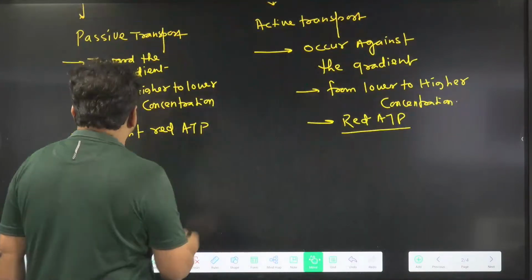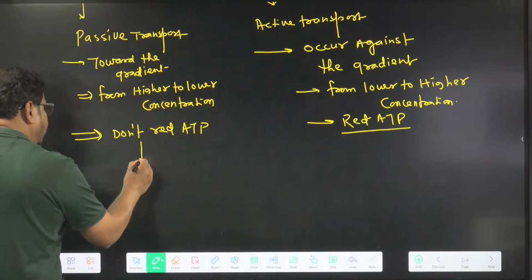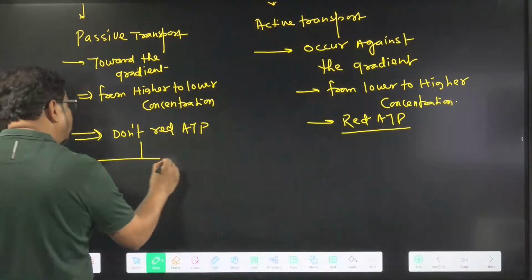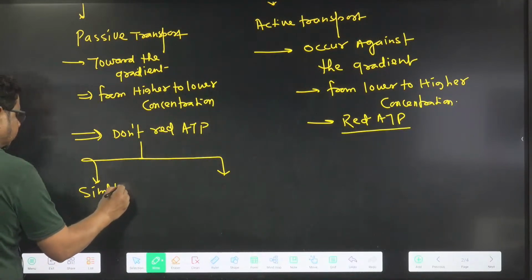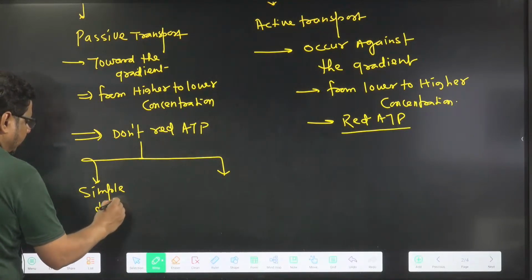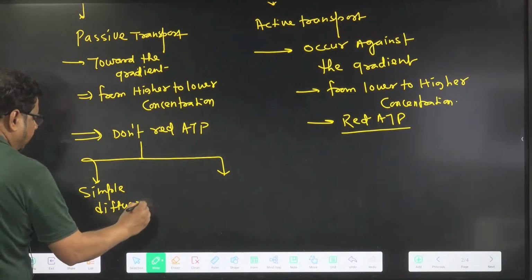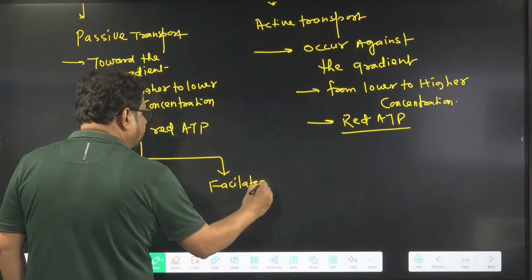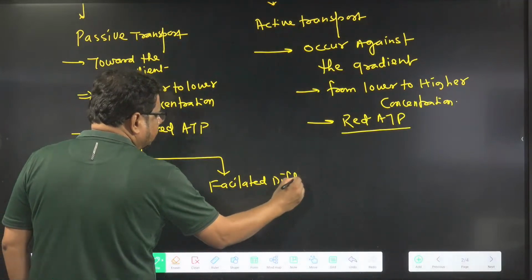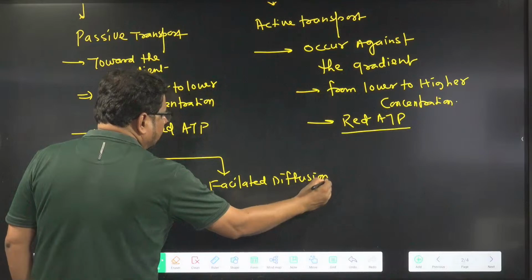Now, if I talk about passive transport, two types of passive transport occur through the membrane. One is simple diffusion, and another is facilitated diffusion, which occurs through the plasma membrane.